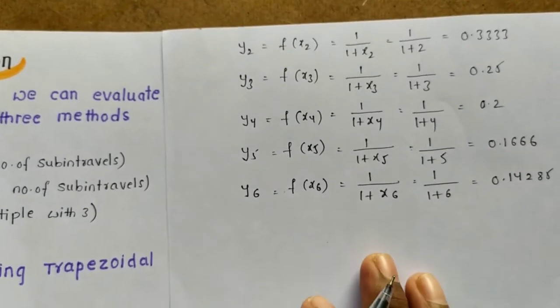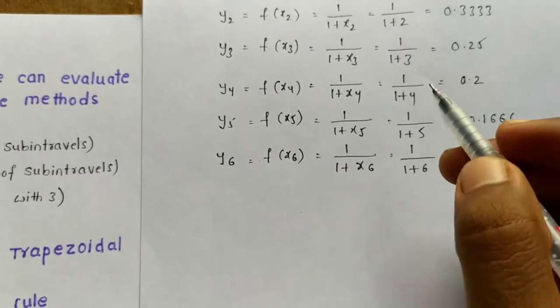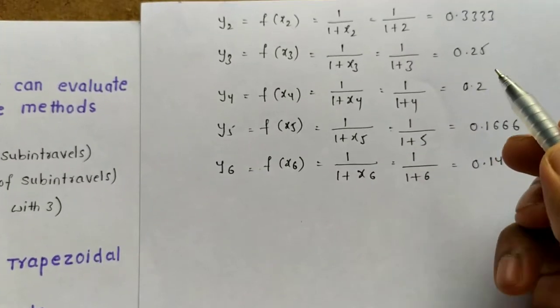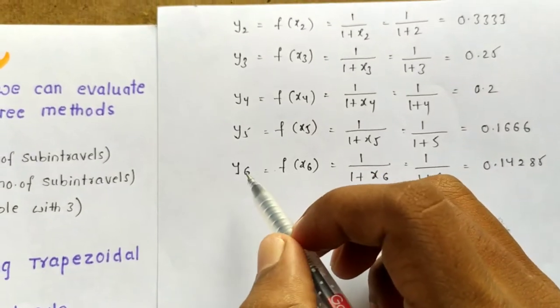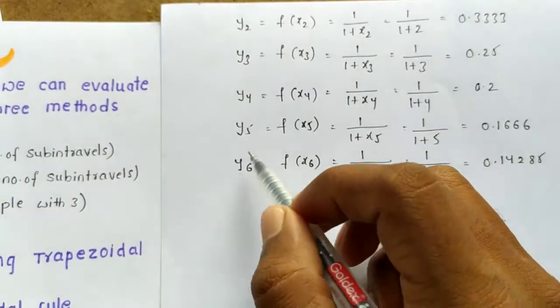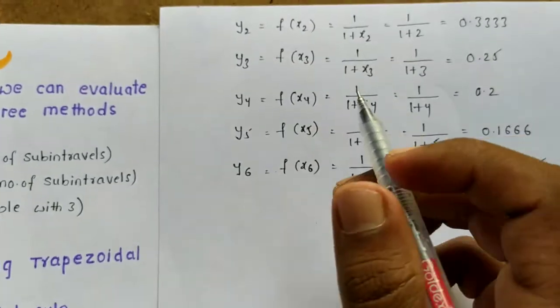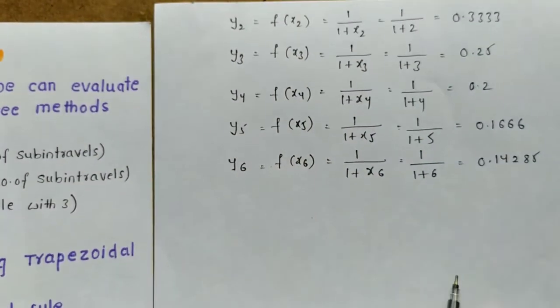You can find out these values after finding y0, y1, y2, y3, and y4 up to y6. Here we know up to 6 subintervals. After finding y6, substitute these values in the given formula.